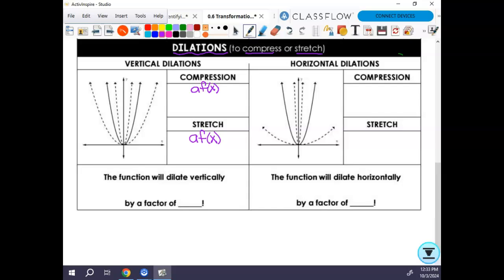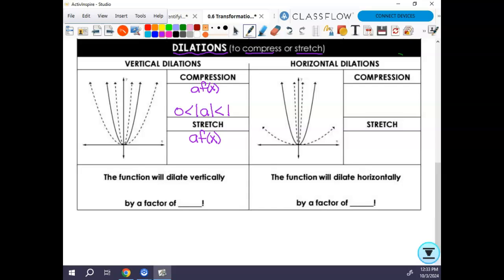If it is a compression, then the absolute value of a is between 0 and 1. Okay? And it's the absolute value because the negative sign would take care of the reflection. So this would be like 1/2, 1/3, 0.5, 0.7, whatever.